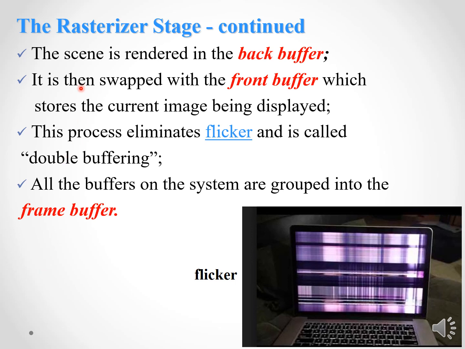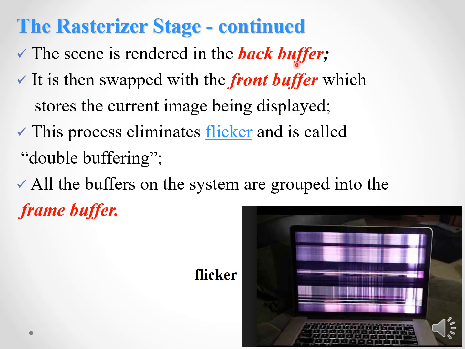Besides that, the related scene will be rendered and stored in the back buffer. Then the information inside the back buffer will be swapped with the information inside the front buffer, which stores the current image being displayed.